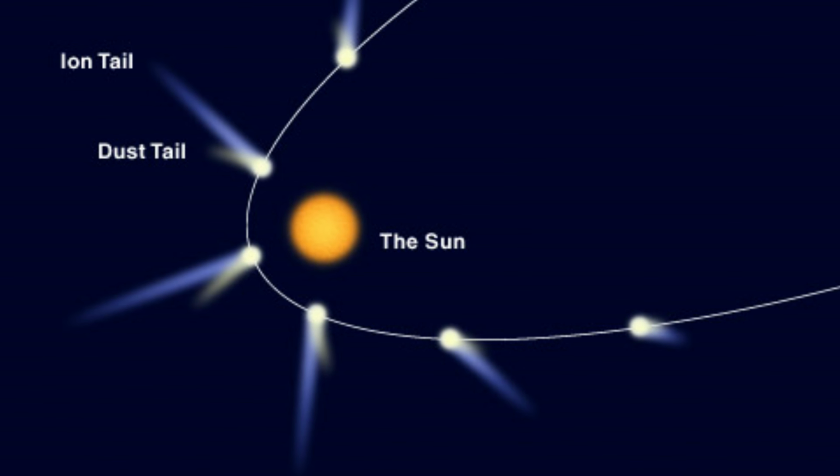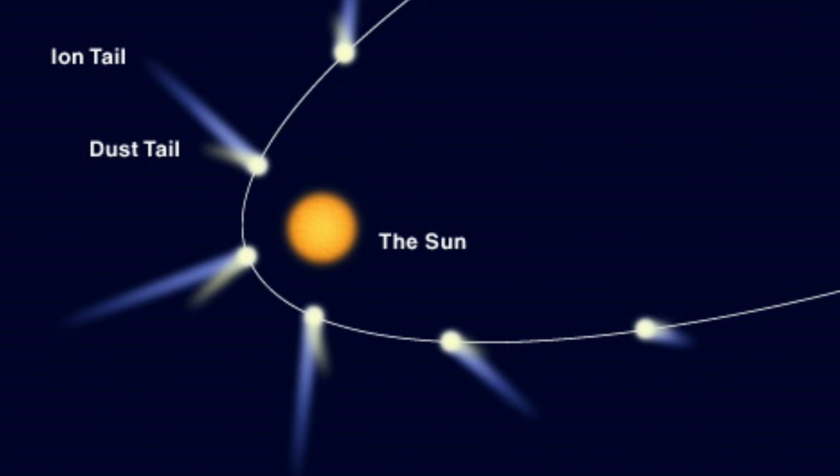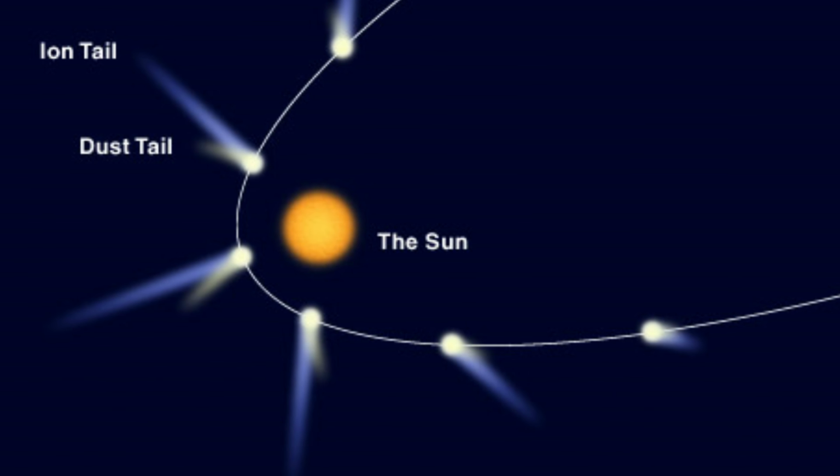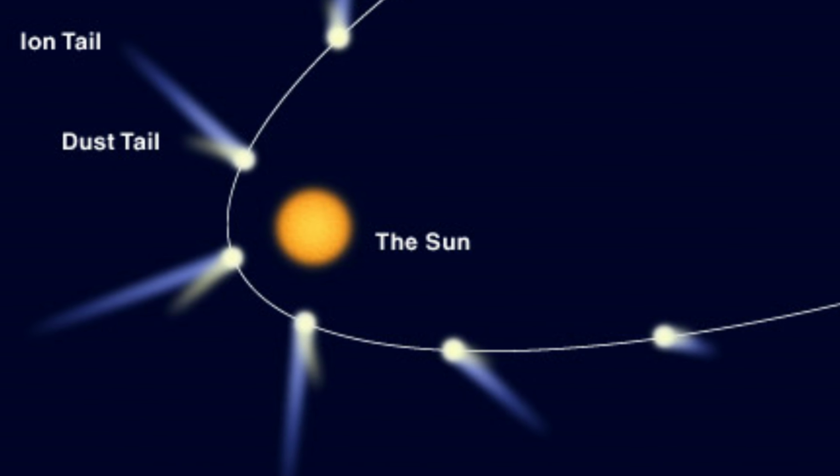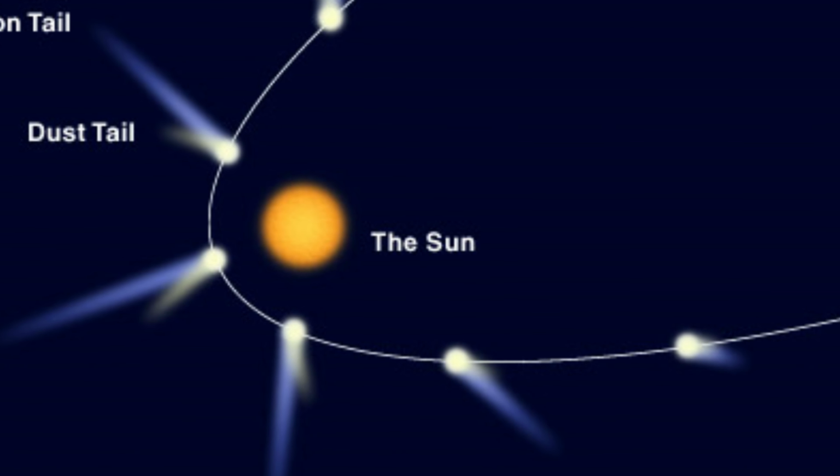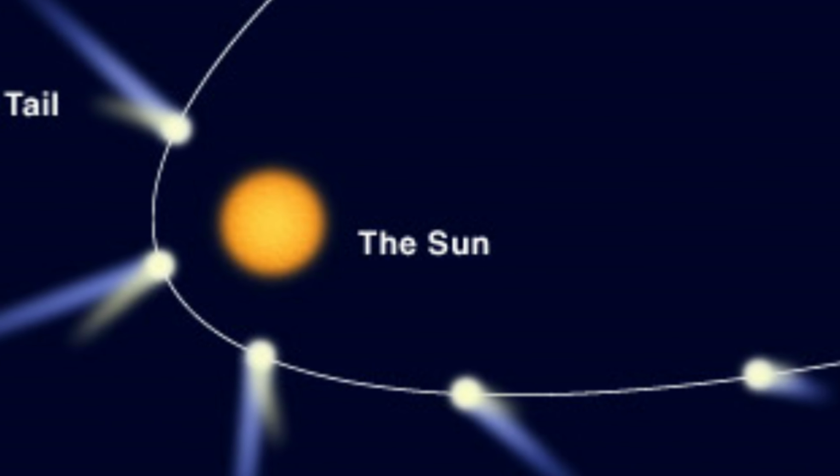There is also an ion tail composed of ionized molecules such as cyanogen gas and carbon monoxide, which gives them a bluish color as the electrons recombine. The ion tail is very straight but cannot be explained by the radiation pressure, as the interaction is not sufficient.